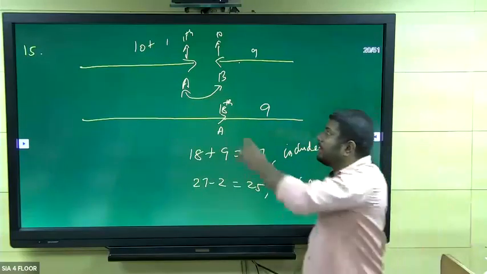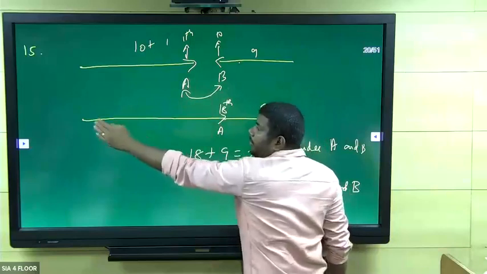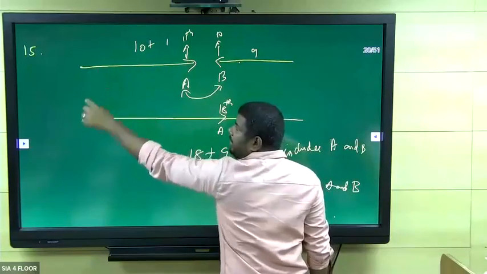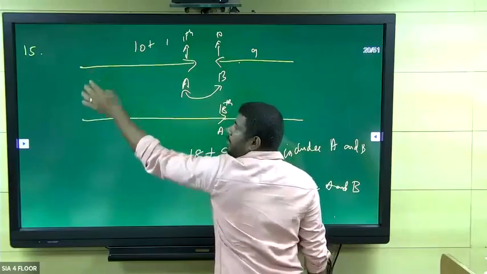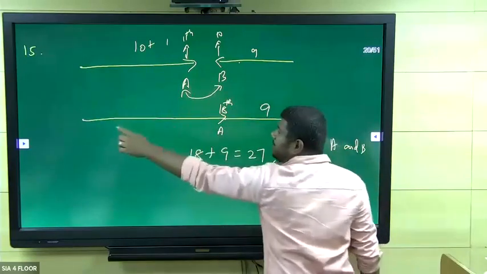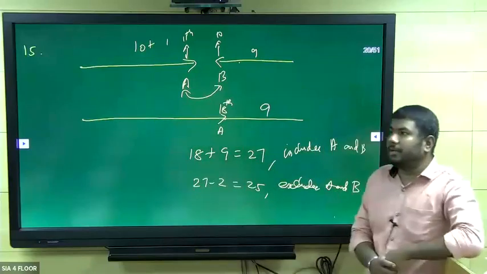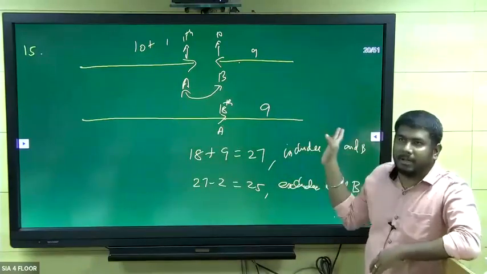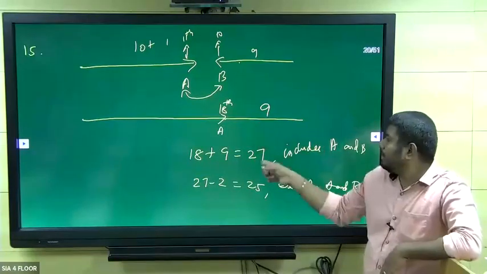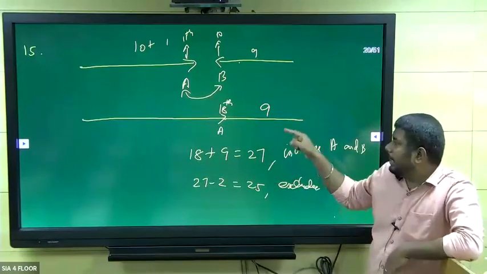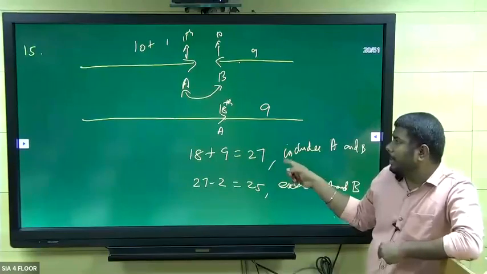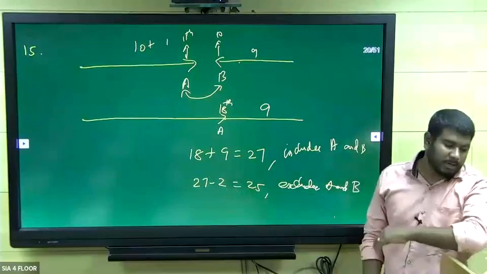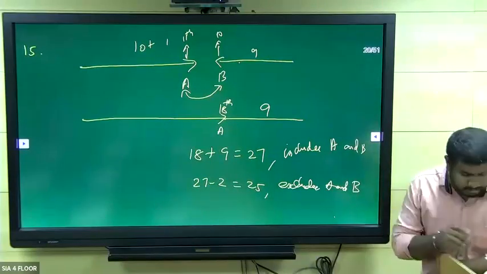We can conclude this because if A comes here, already we know A is the 11th person from the left, with 10 sitting before. If the interchange happens, A is the 18th from the left. Here 9 are there to the right. So 18 plus 9, 27. This includes A and B. The question is without A and B, so we need to remove two persons, A and B. So the answer is 25.